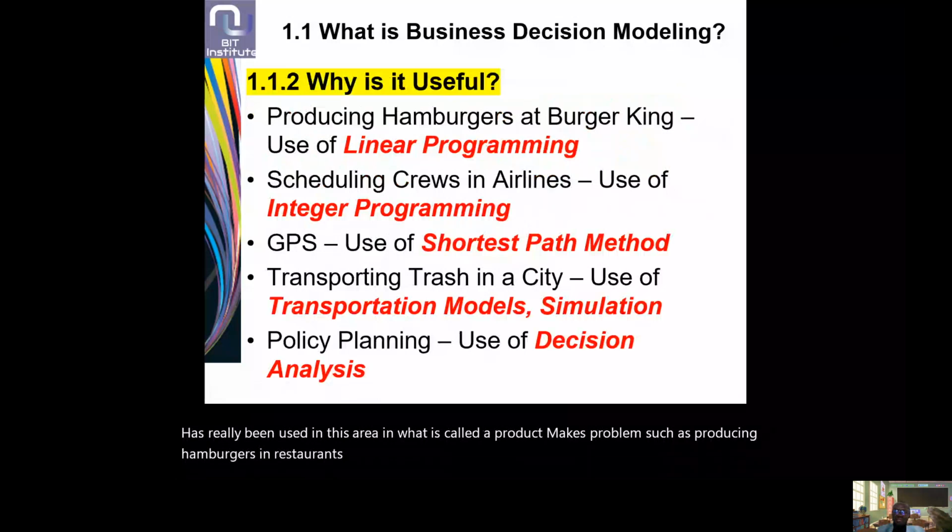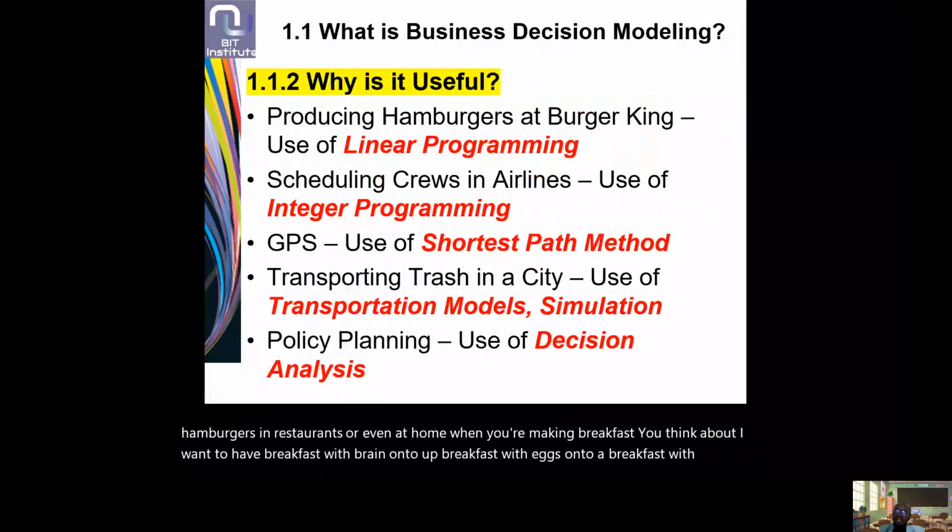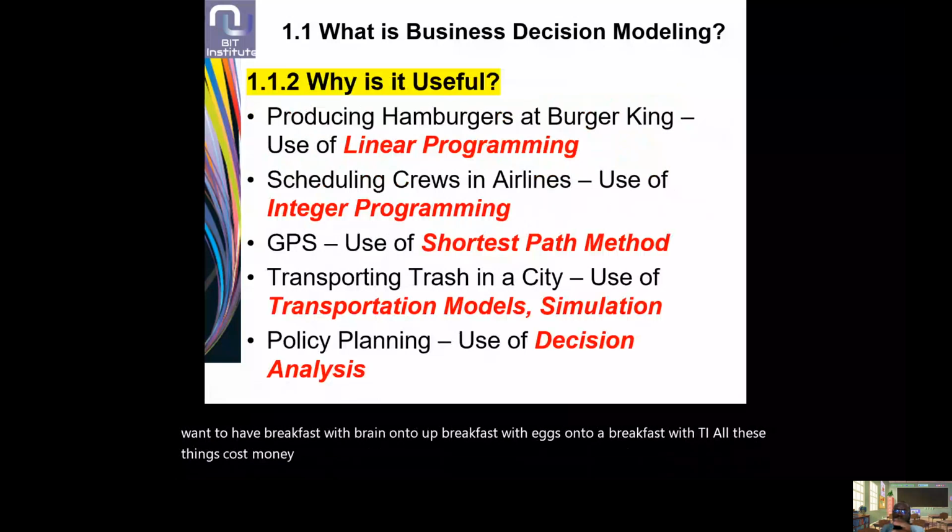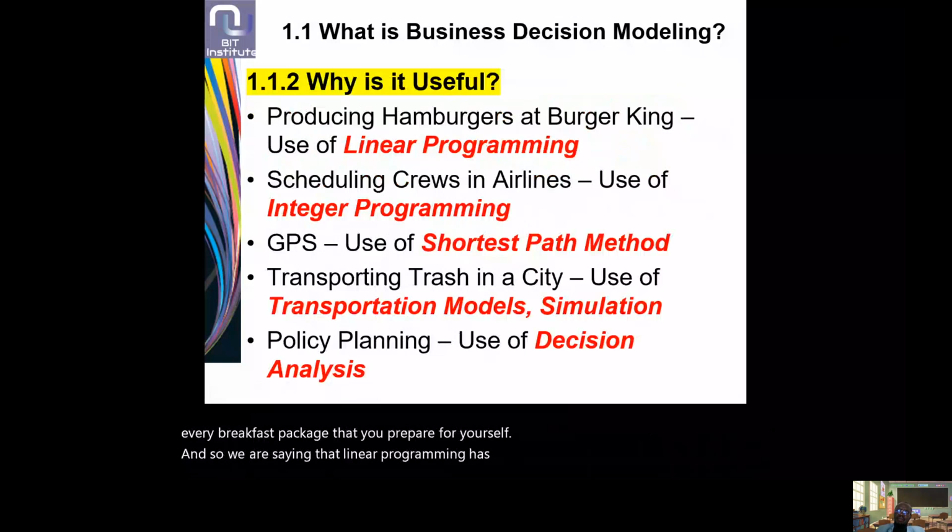When you're making breakfast, you think, I want breakfast with bread, with eggs, with tea. All these things cost money. And you want to be able to minimize how much money you spend for every breakfast package that you prepare for yourself. And so we're saying that linear programming has been very, very key in product mix problems.